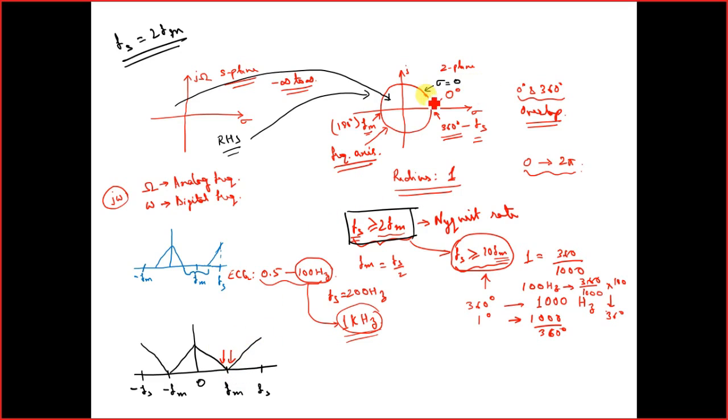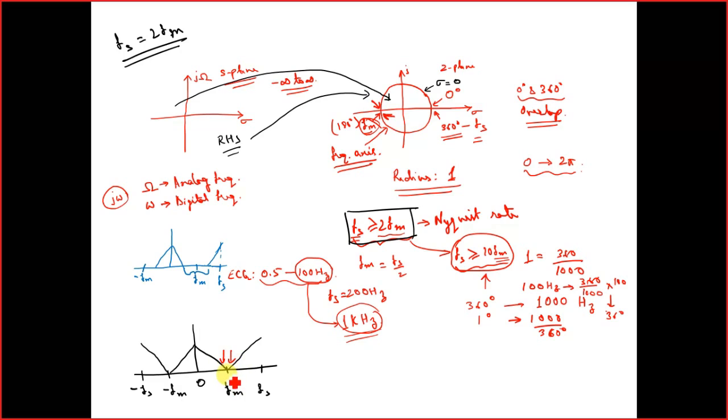Why is this happening? We are having 0 to pi, 0 to fm. Then the signal components repeat because we have digitized it in the time domain. The signal gets repeated in the frequency domain. So from here again, the low frequency component starts. So the high frequency component is here, and at the same time the low frequency components would be somewhere over here.